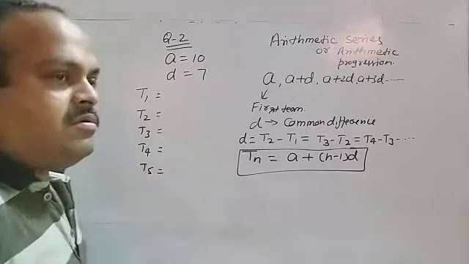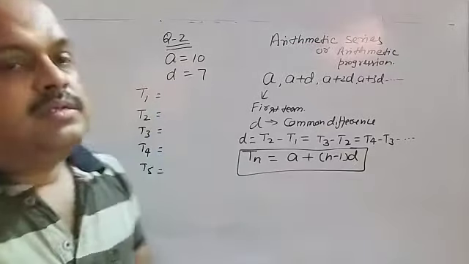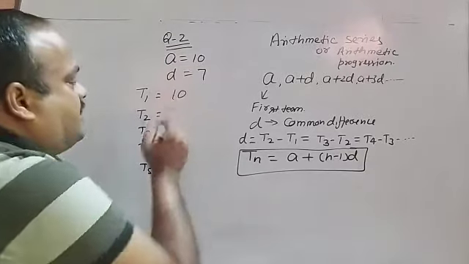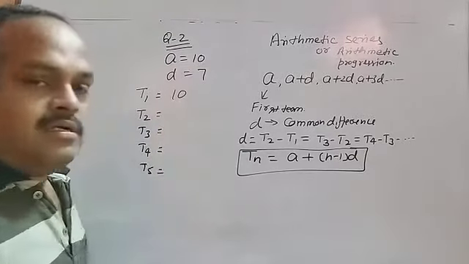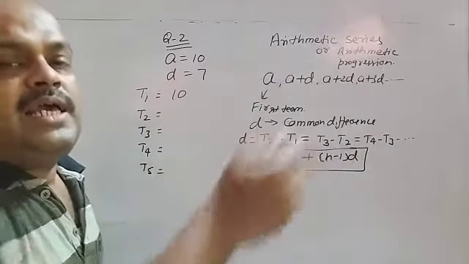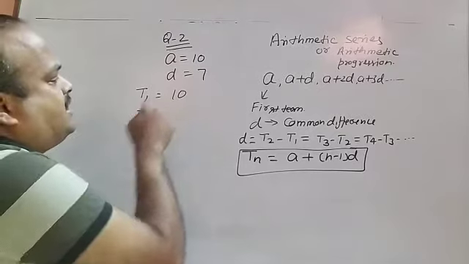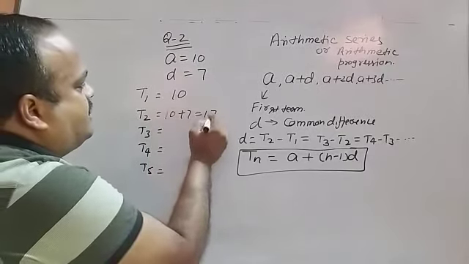What shall we do? We can use a shortcut method. Since the first term a is 10, the next term in an AP will be d more than a. Means to get the second term you can add 7 to this 10: 10 plus 7, 17.